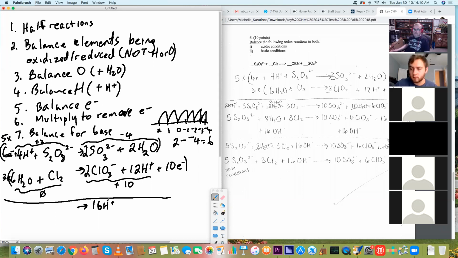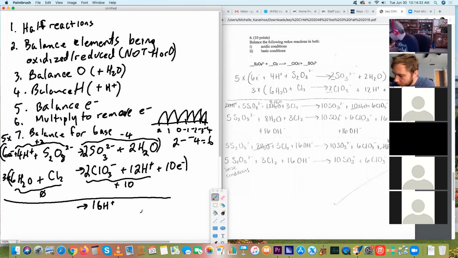And is there a reason we put them on the product side and not the reactant side? Because you have 20 on the reactant side and 36 on the product side, so it goes on the one with the larger. Yeah, it's just like a mathematical equation.